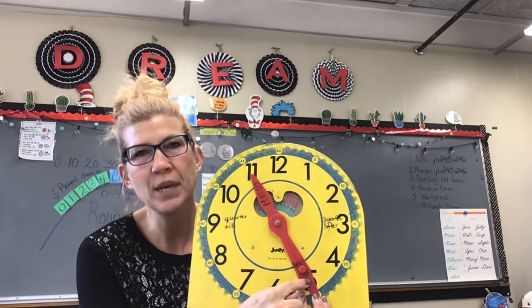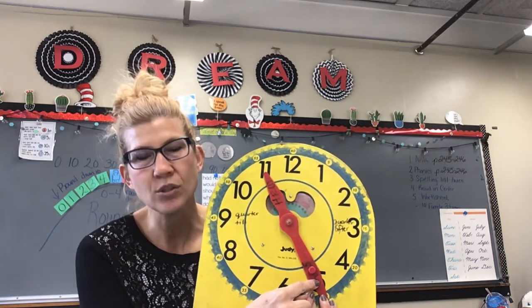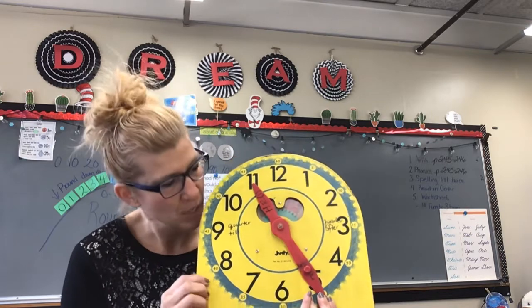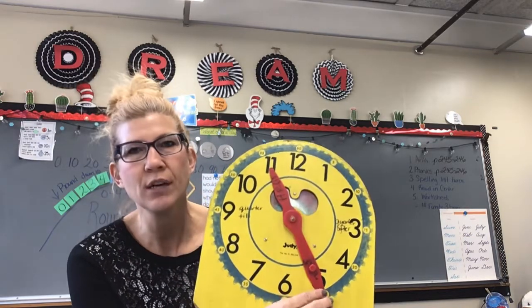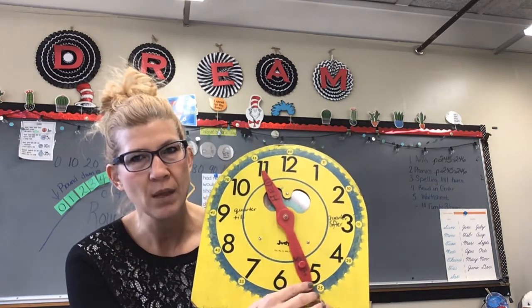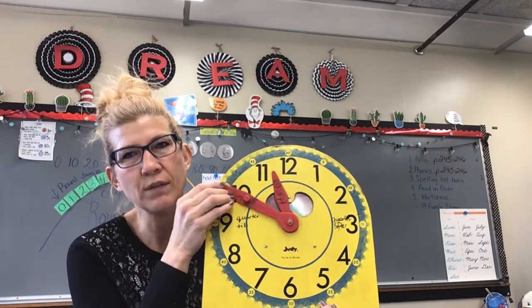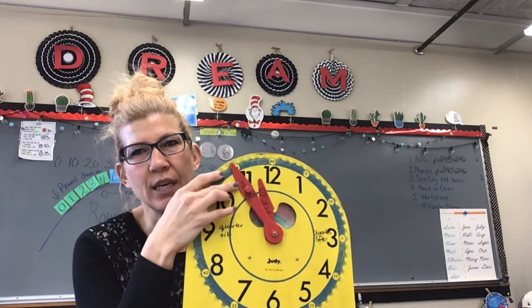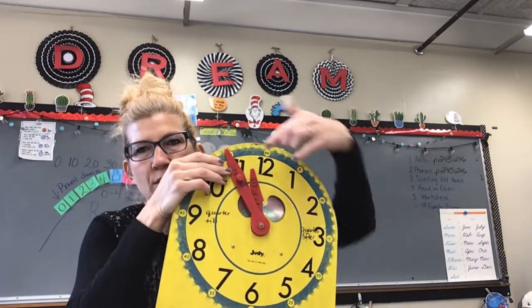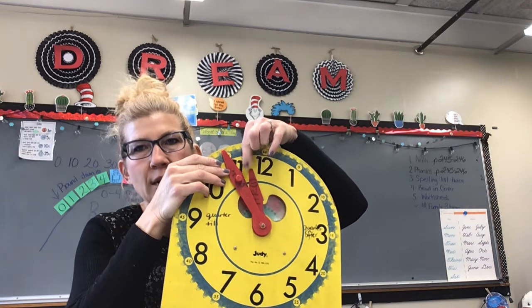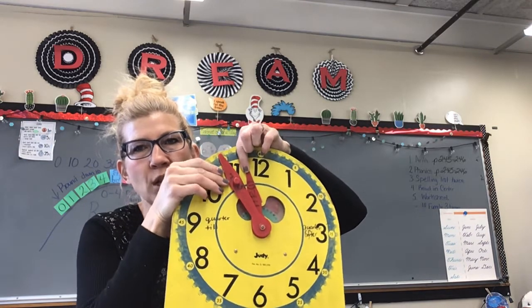So we'll start with our minute hand, and they are asking us to move it 30 minutes. So we'll start here and we start counting by 5s. Count with me. 5, 10, 15, 20, 25, 30. Now look at the time. If you notice, it's not on the 12 yet. It's almost on the 12.